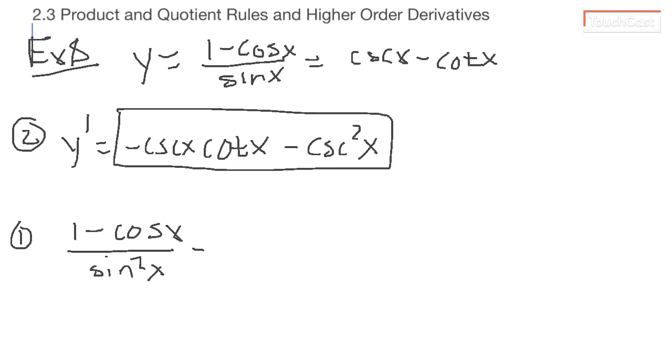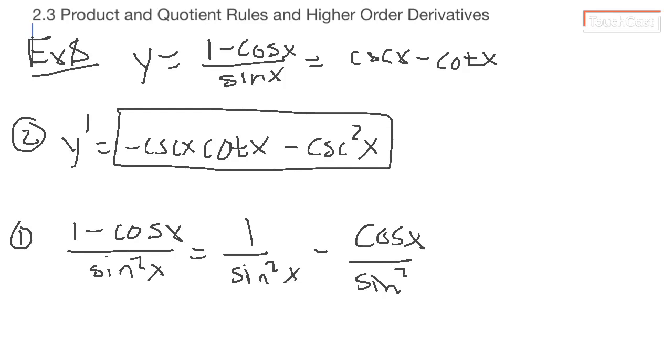Well, that's the same as 1 over sine squared x minus cosine x over sine squared x, which we can again rewrite. That first term, the 1 over sine squared, that's the same as cosecant squared.